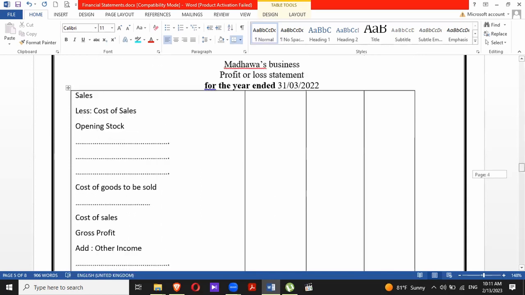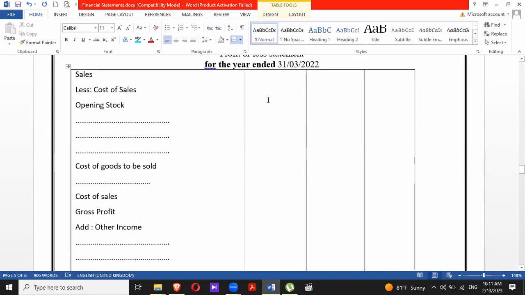So up to that, you have to use the second and third columns to record the amounts, right? So here, opening stock value should be 22,000, right?